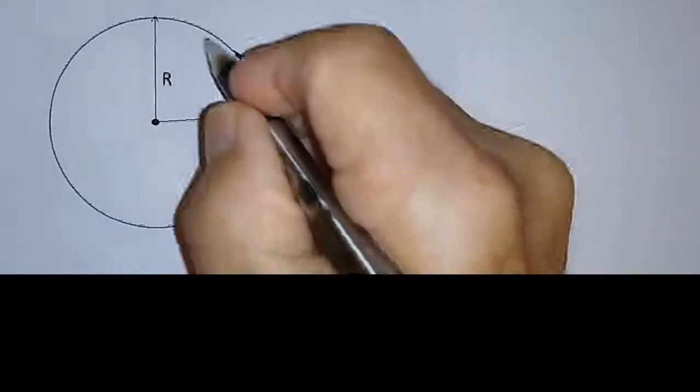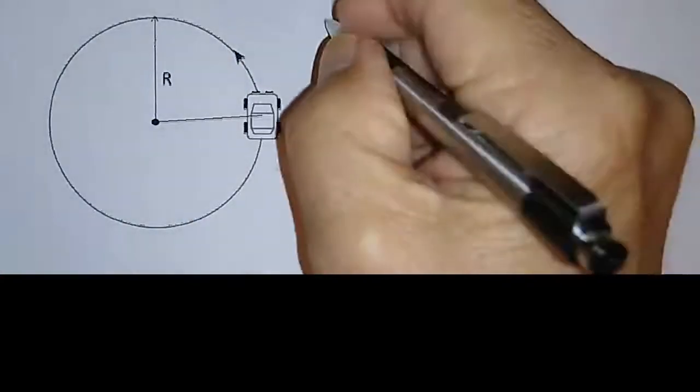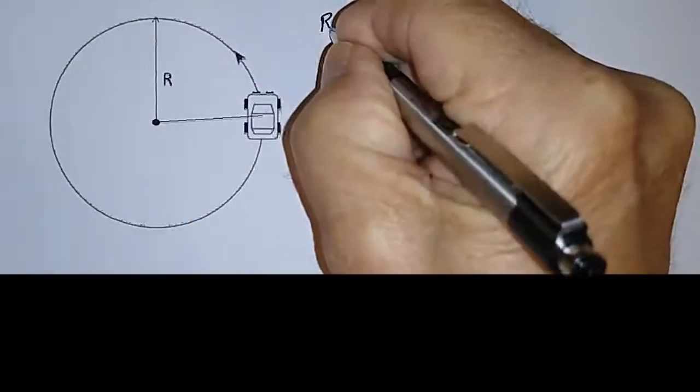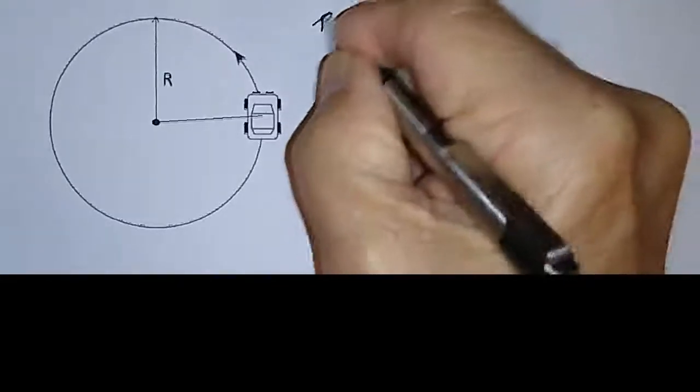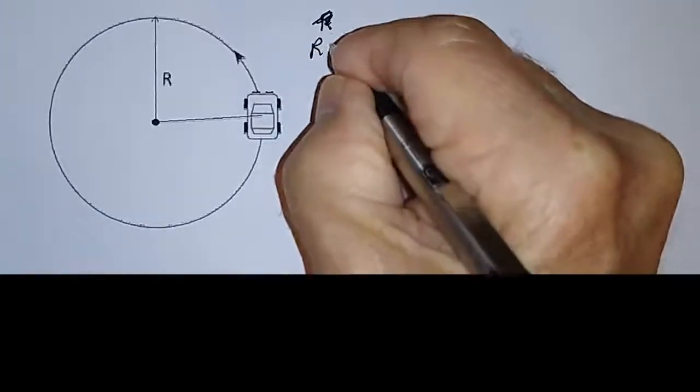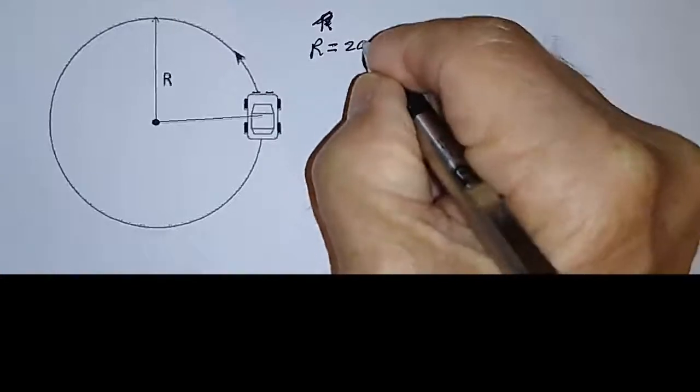Alright, let's say we have a car that is rounding a curve on a highway. And let's say that the radius of this curve, R, is equal to, say, 200 meters.